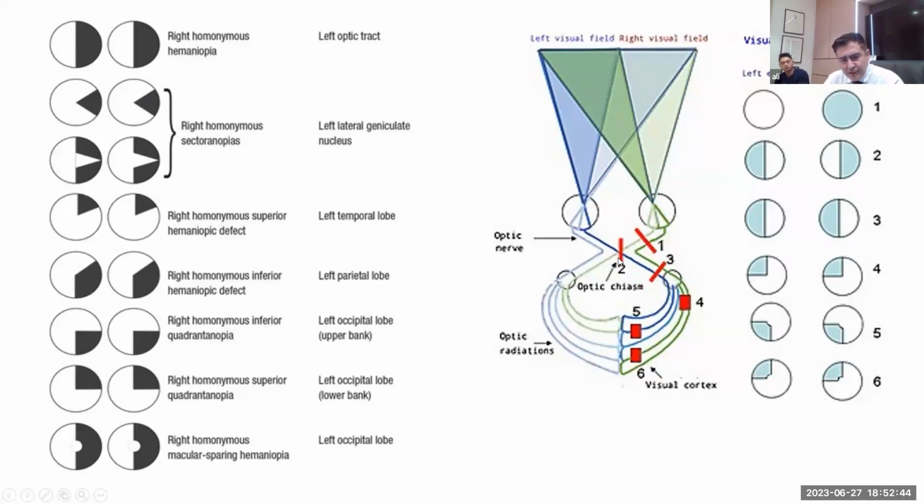With pituitary lesions, you are losing the information coming from the nasal field of each eye. And of course, the nasal part of the retina of each eye picks up the temporal aspects of the visual information.